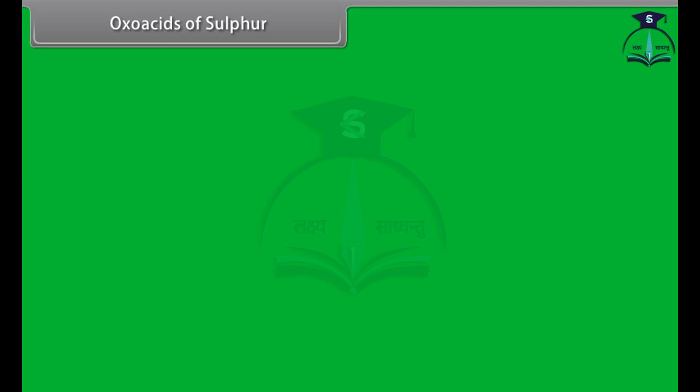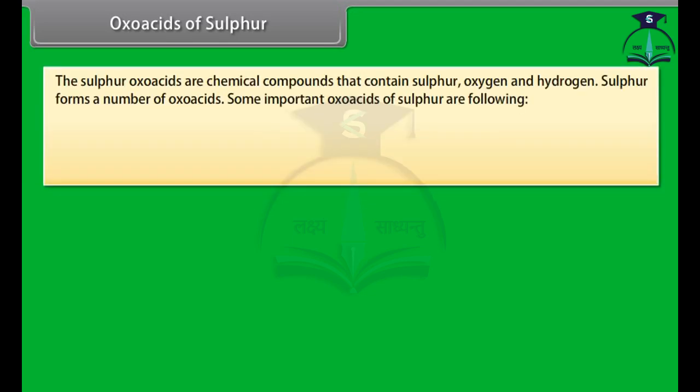Oxoacids of sulfur. The sulfur oxoacids are chemical compounds that contain sulfur, oxygen and hydrogen. Sulfur forms a number of oxoacids.